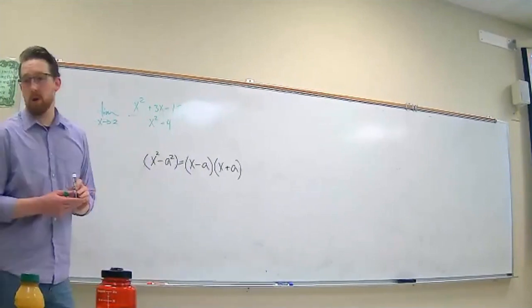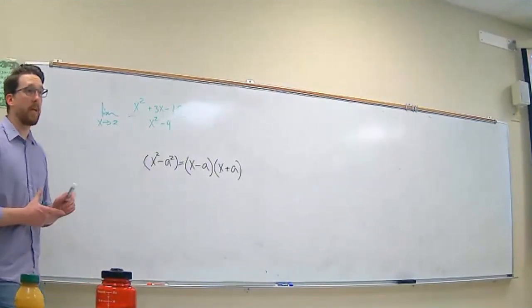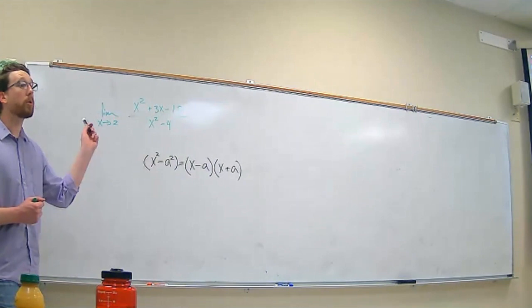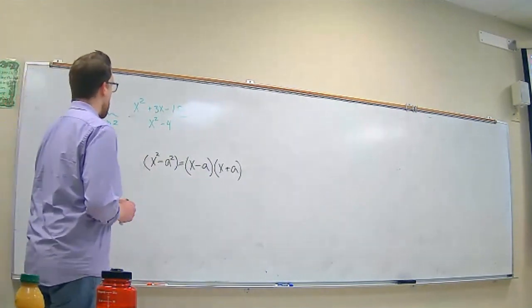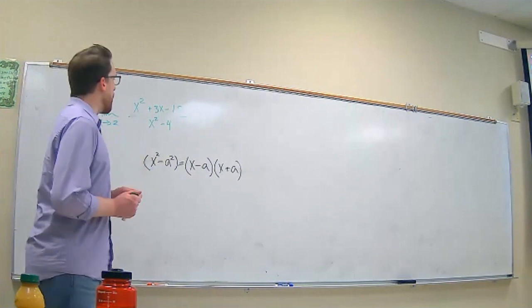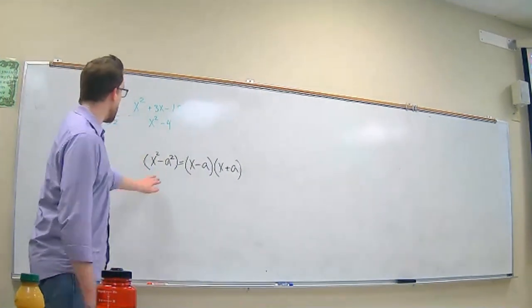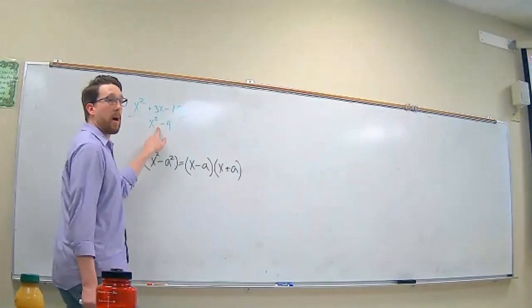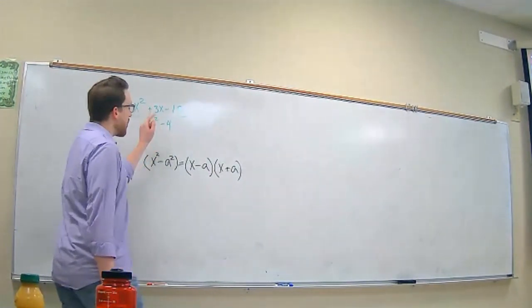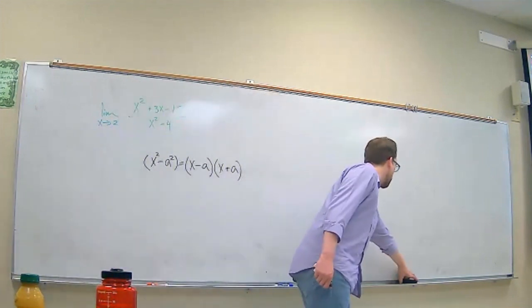So for those at home, this is problem 24 from week 2 homework that we're working on right now. So we're going to use this to factor our denominator, and then up top, we're just going to factor it like you normally would.